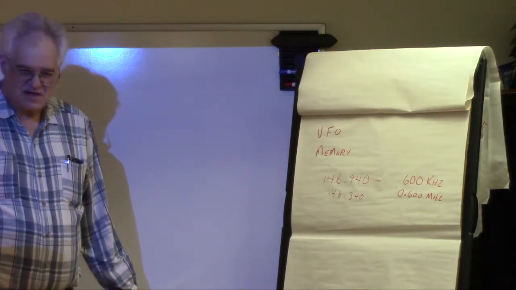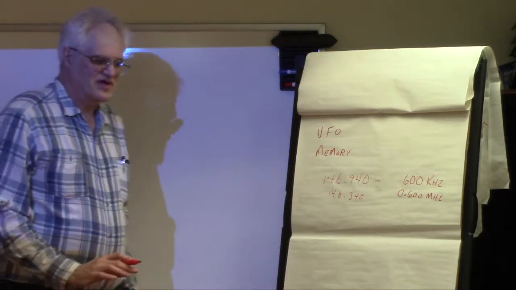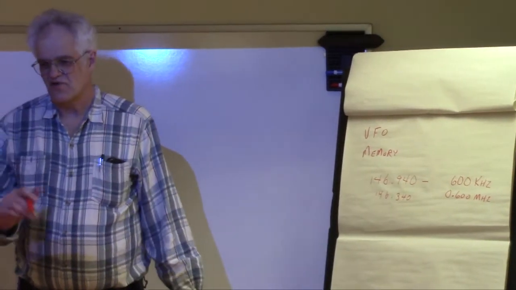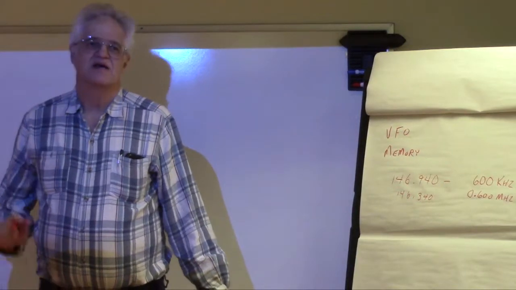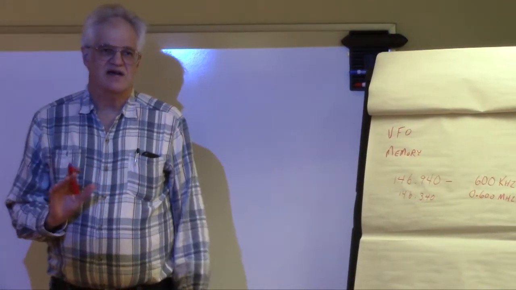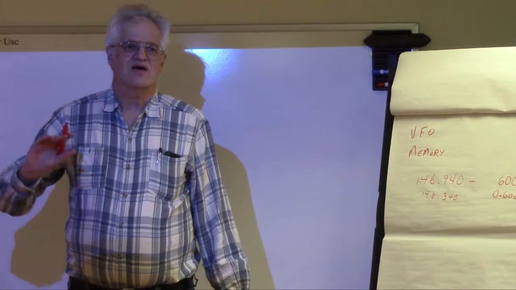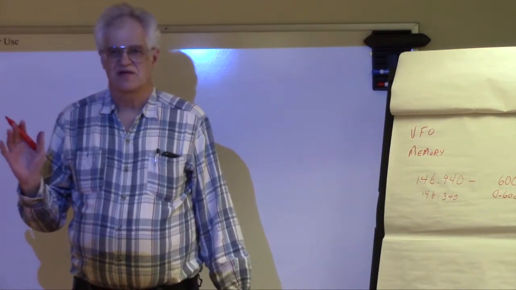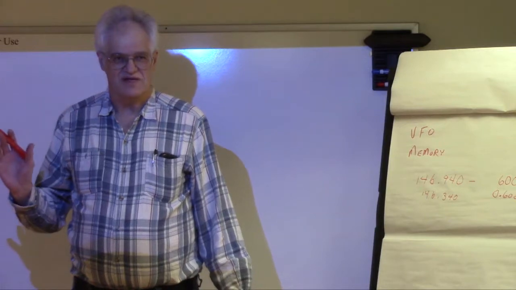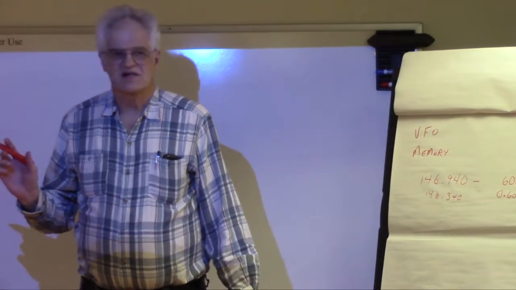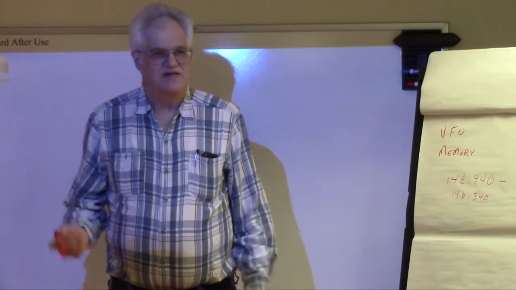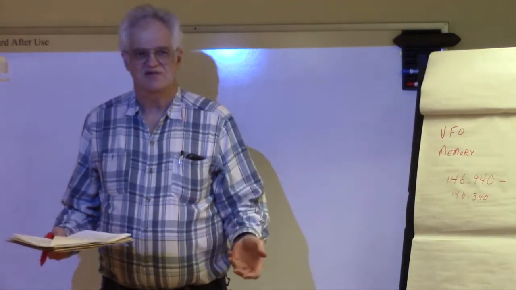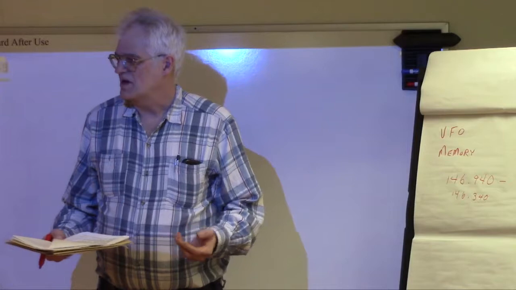There are exceptions, but generally the rule of thumb is anything under 147 megahertz uses a negative offset, and anything over 147 megahertz generally uses a positive offset. In any listing you'll see, they will tell you the repeater's transmit frequency, and it'll say a plus or a minus offset.